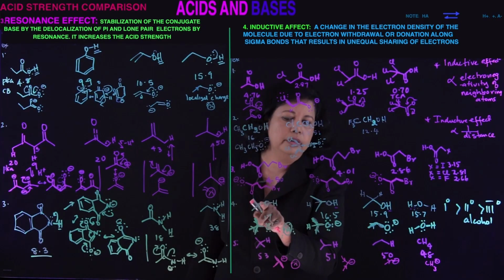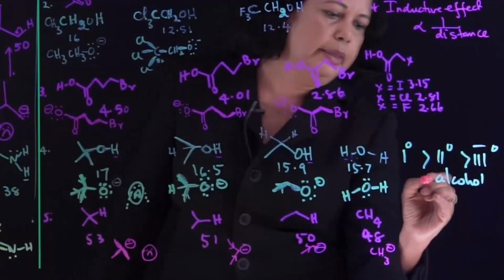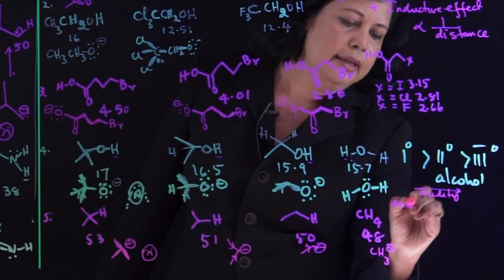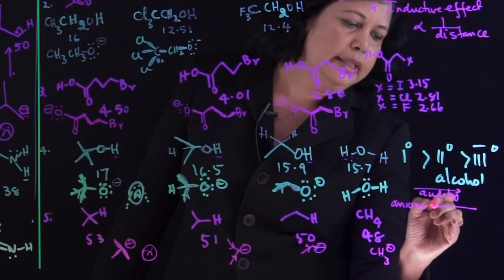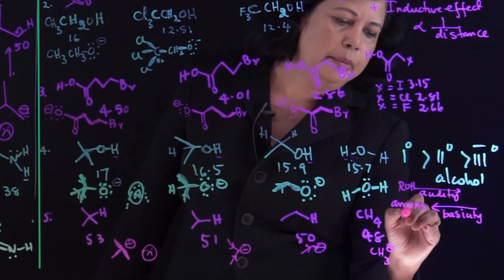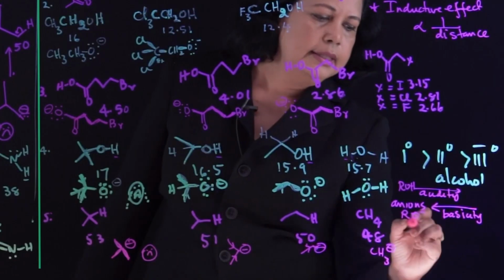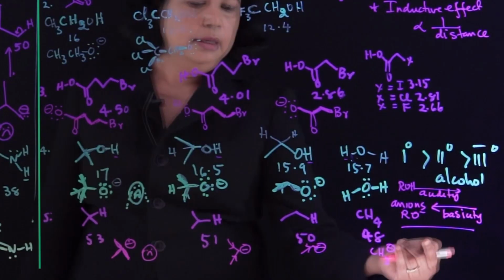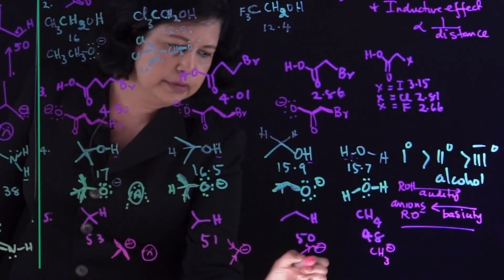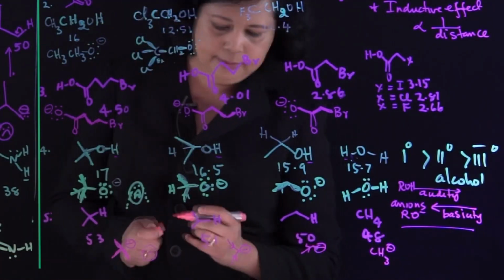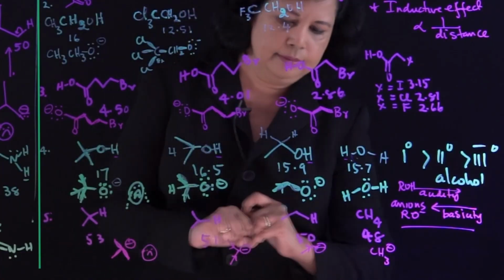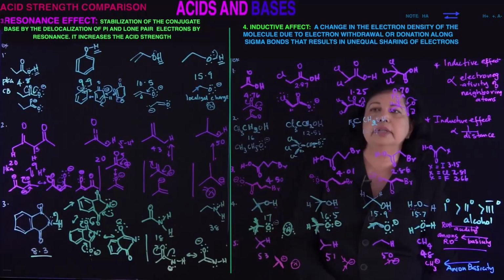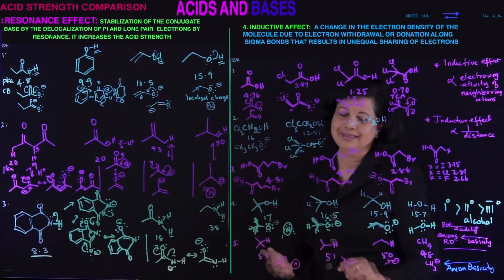So basicity is going to go in this direction for the anions. RO minus anions, same with the RH. RH acidity goes in this direction. Basicity goes in this direction for the anion. And that's true for everything pretty much.